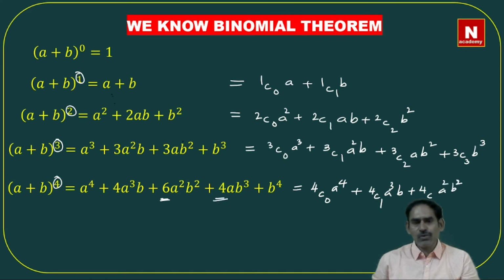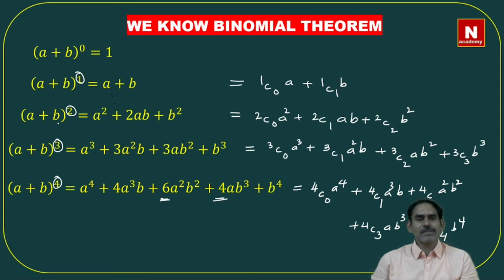Next, plus this 4 can be written as 4c3 into a b cube. The last 1 can be written as 4c4 into b power 4. So if you observe this, these are all known as binomial expansions. These all 4 expansions follow the properties of the binomial theorem. That's why indirectly we know the binomial theorem without knowing the theorem, but we are always writing the binomial theorem.